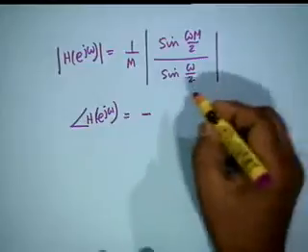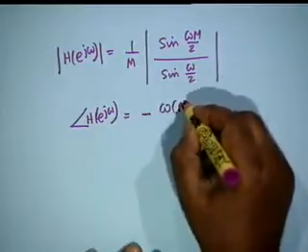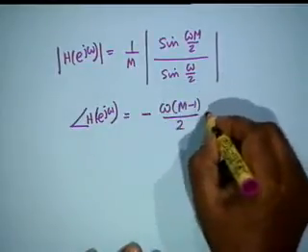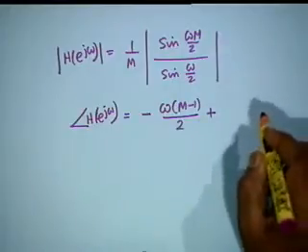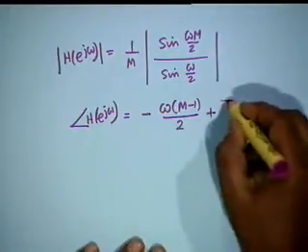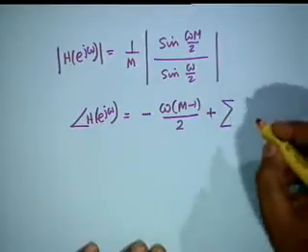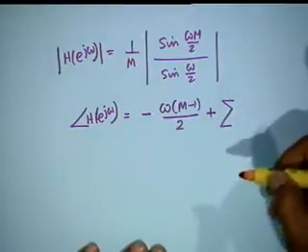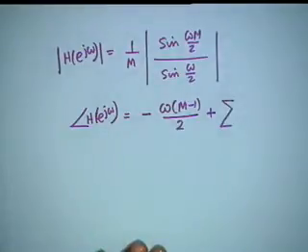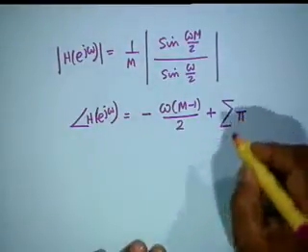So an angle pi is added there, and therefore the general expression becomes minus ω(M minus 1) by 2 plus, there are many transitions. Let us see how many we shall add later, but at each transition a step function of magnitude pi, a phase of pi, is added to the whole thing.